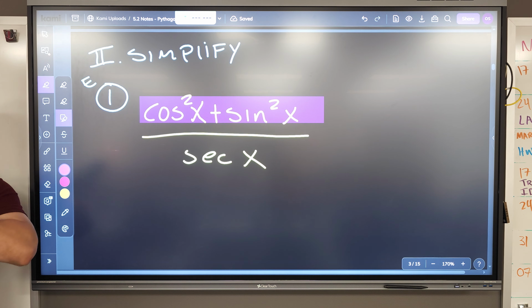Okay, try this one. Still easy, still in the easy realm. So what can we trade the top for? 1.